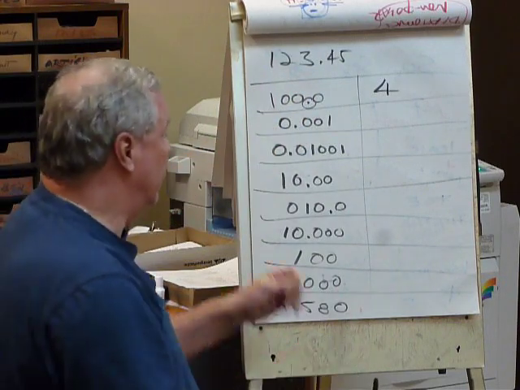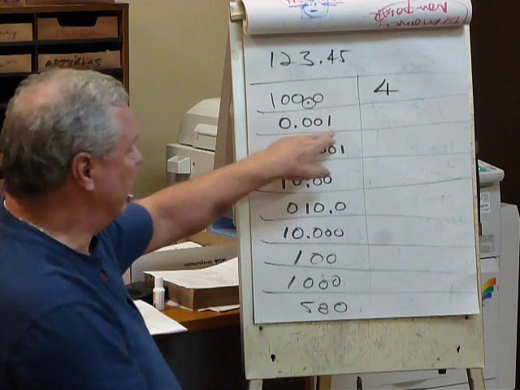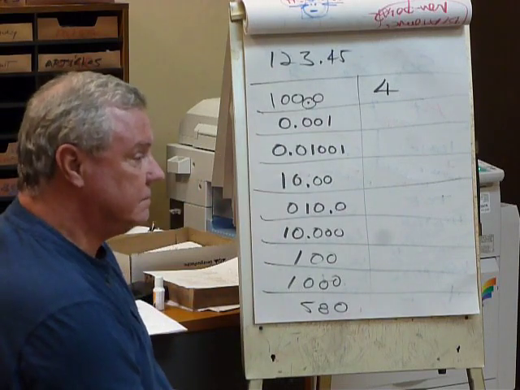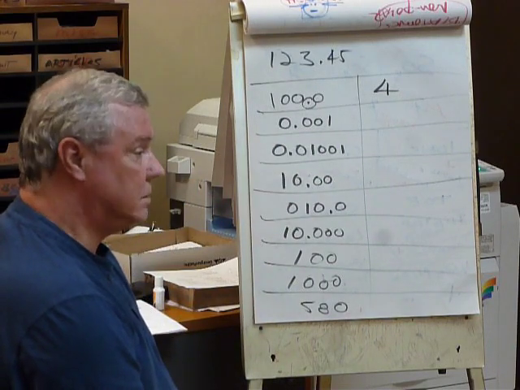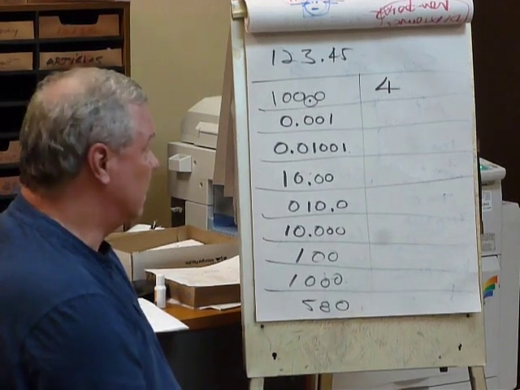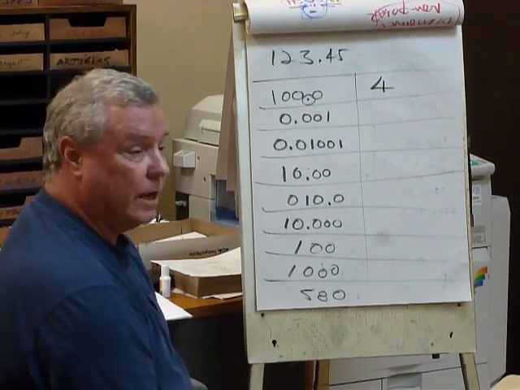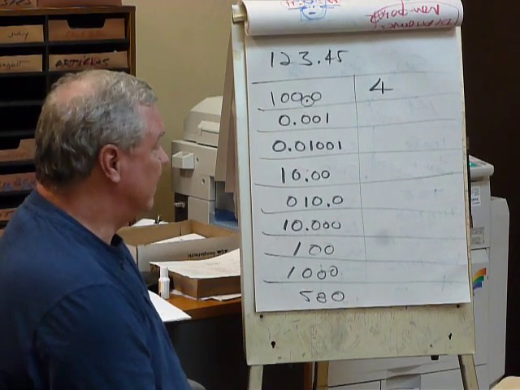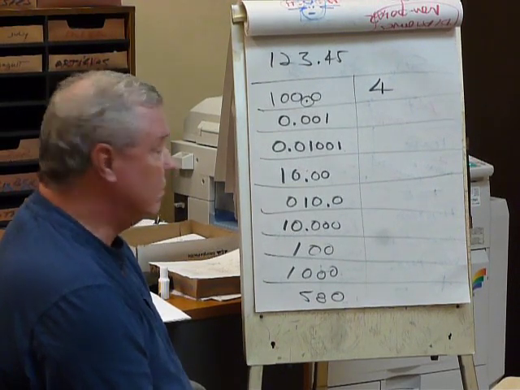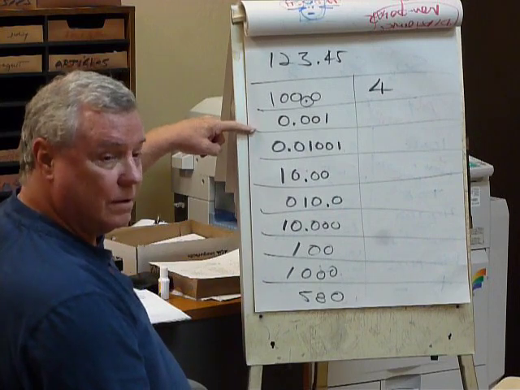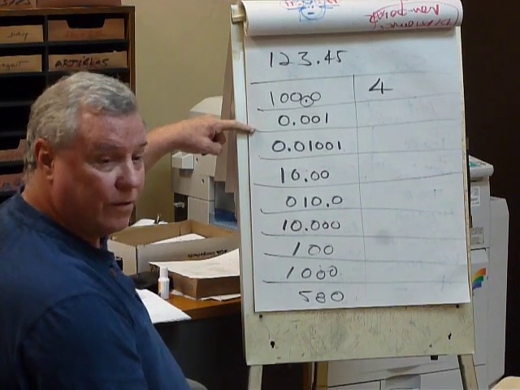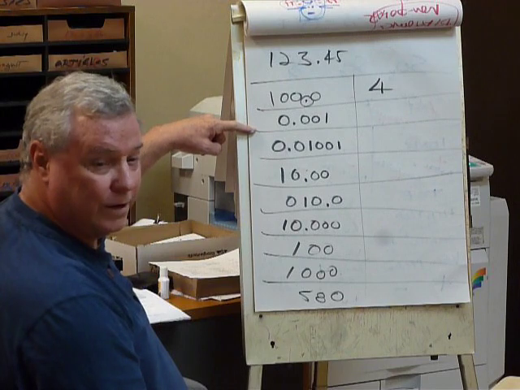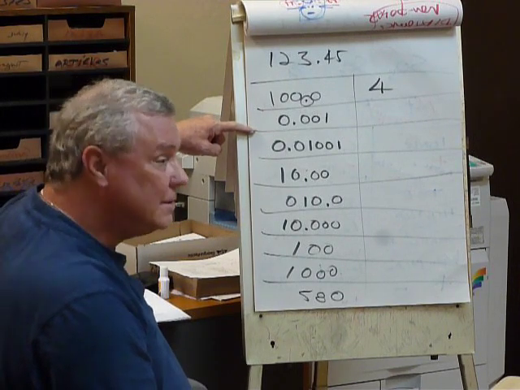So 4. Next one, Stephanie, what do you think? How many sig figs? 4. Stephanie says 4. Jack? 3. Betsy? 3. Oh wait, sorry, I was looking at the wrong problem. We're right here. So then 3. Spencer? 3. Dylan? 3.